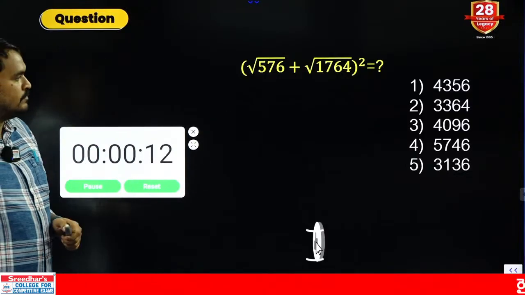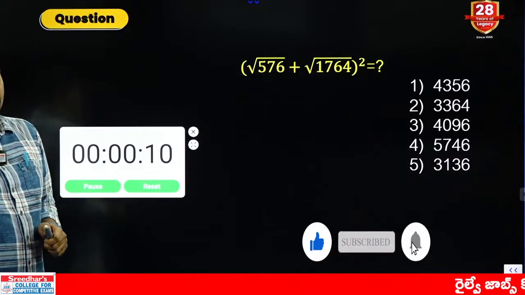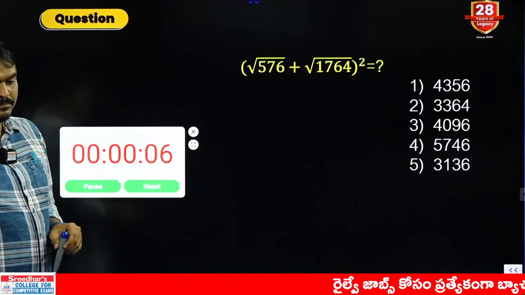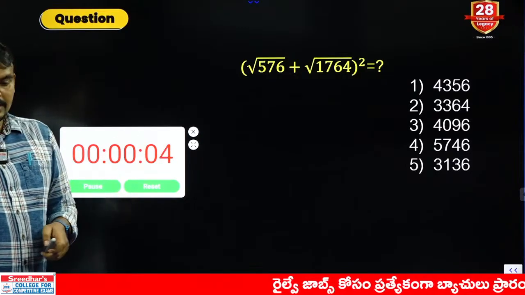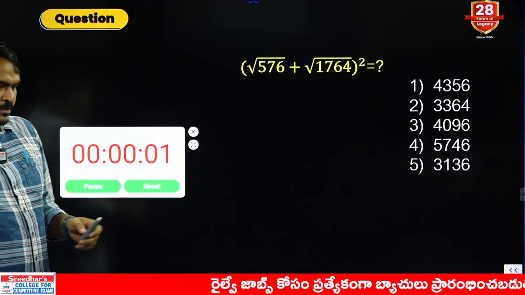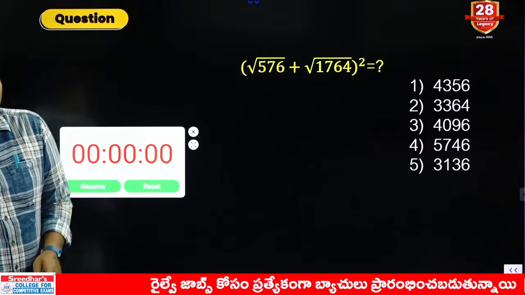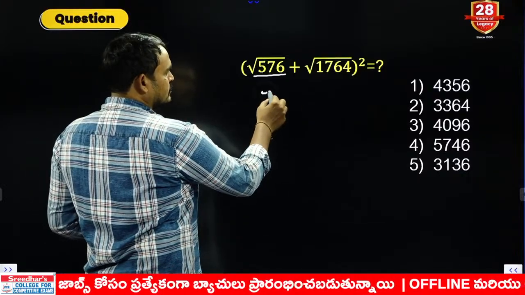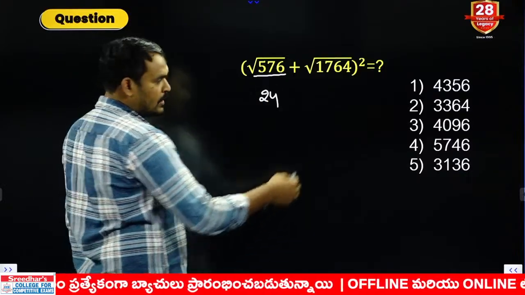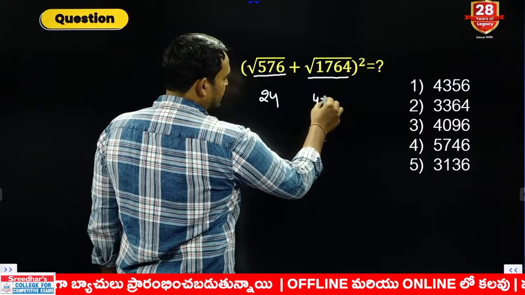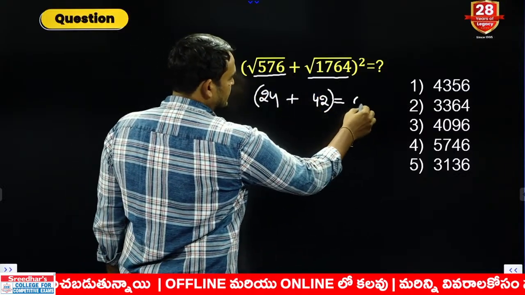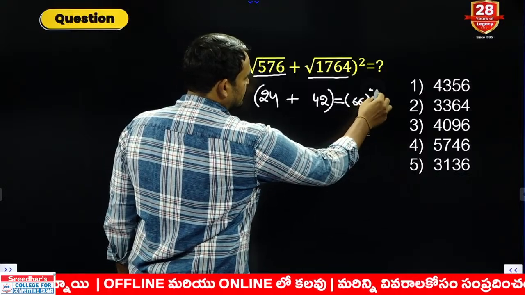Easy question. Answer first option. Okay. First, square root of 576. What is the square root of 576? 24. And square root of 1764, that is how much? 42. 24 plus 42, that is how much? 66. Then we required 66 square.